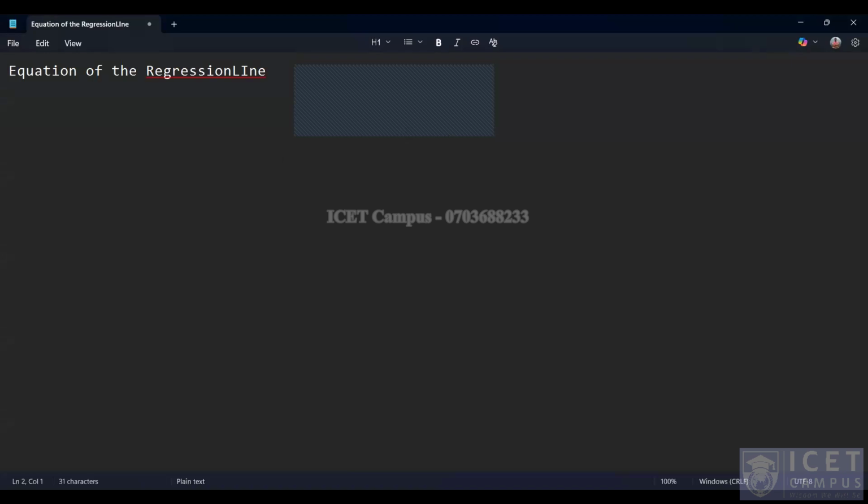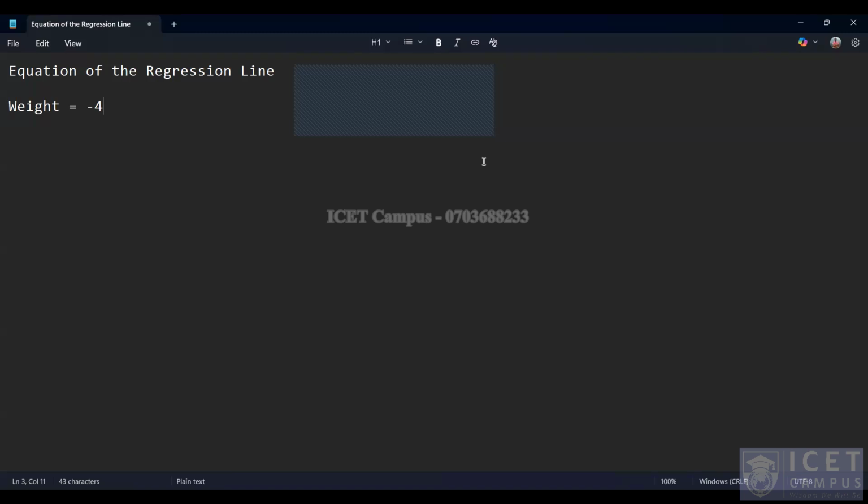Our dependent variable is weight, so we can write weight equals negative 441.793 plus 8.848 multiplied by height. So this is the regression equation.